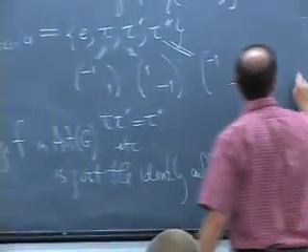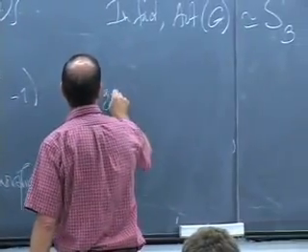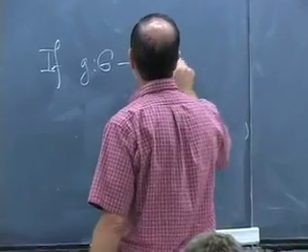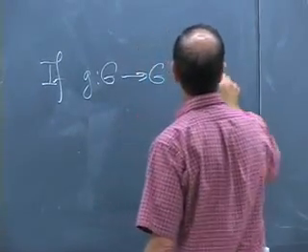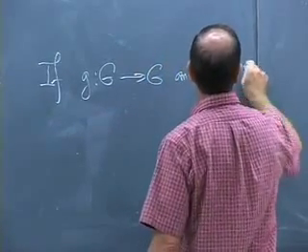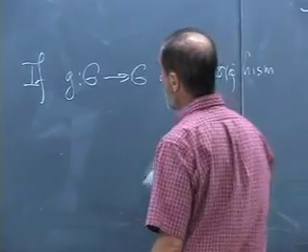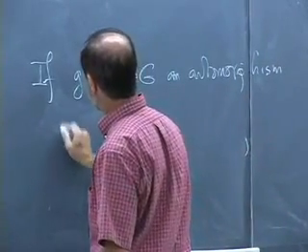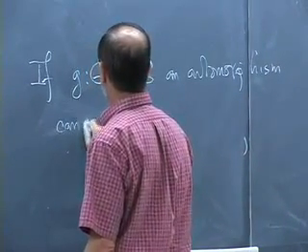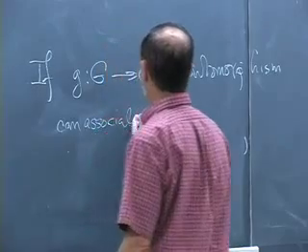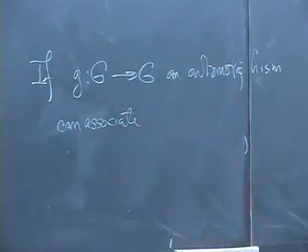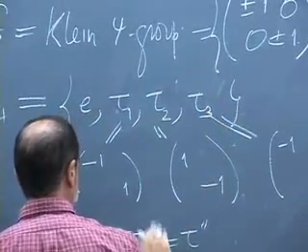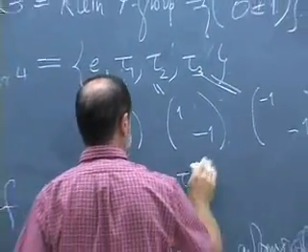So if I have some map from G to G, an automorphism, then maybe I'll call these things tau 1, tau 2, and tau 3. So tau 1 times tau 2 is tau 3, etc.